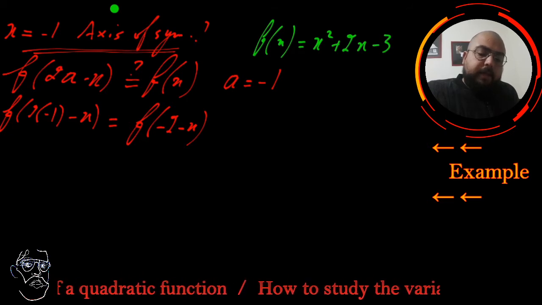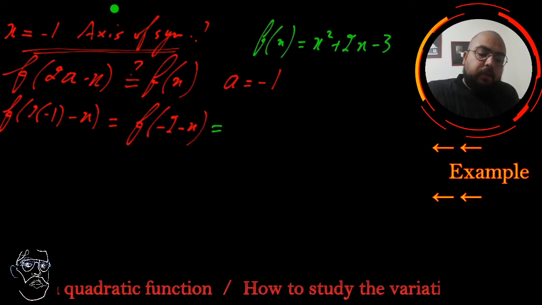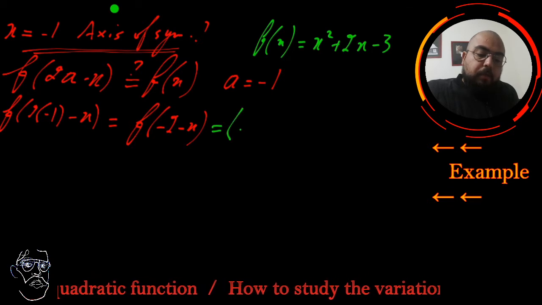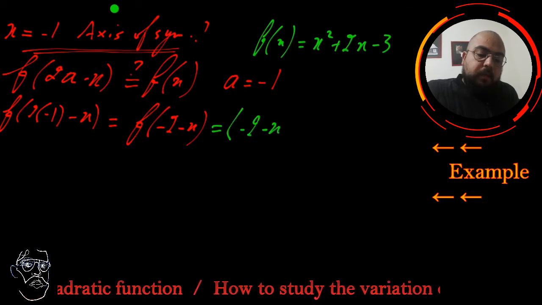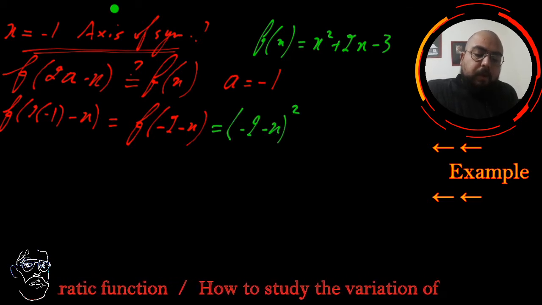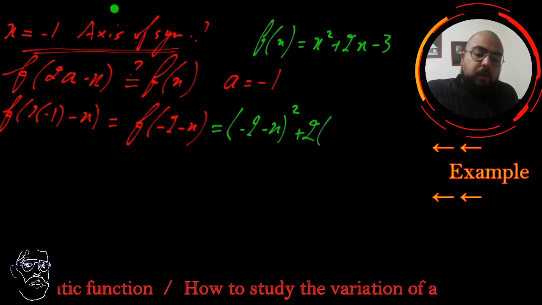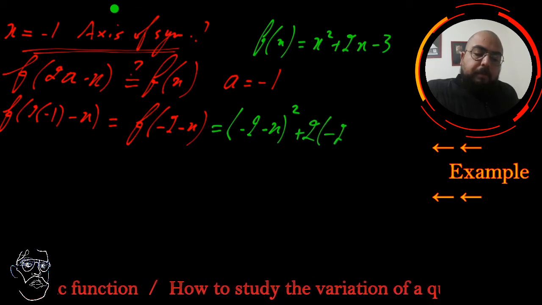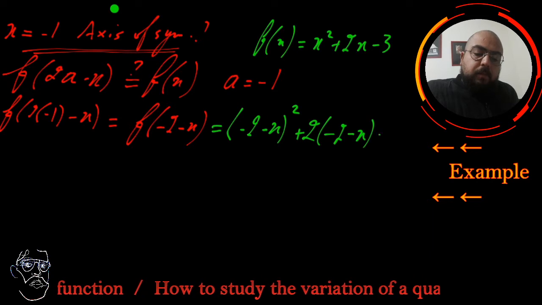Whenever I have x, I will have to replace it by -2 minus x. So it will be (-2 minus x) to the power of 2 plus 2 times (-2 minus x) minus 3.